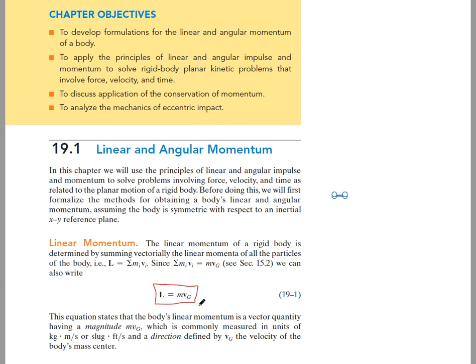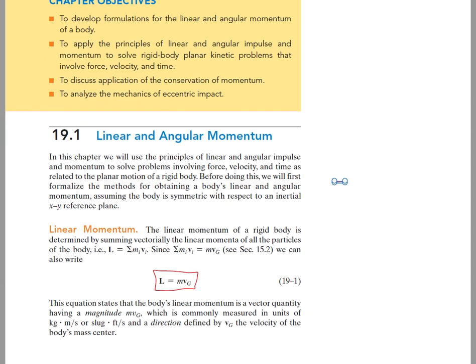Okay, and so it will be a vector and has the magnitude of m times v and units kilogram meter per second or slug foot per second, in the direction of the velocity vector of the center of mass.